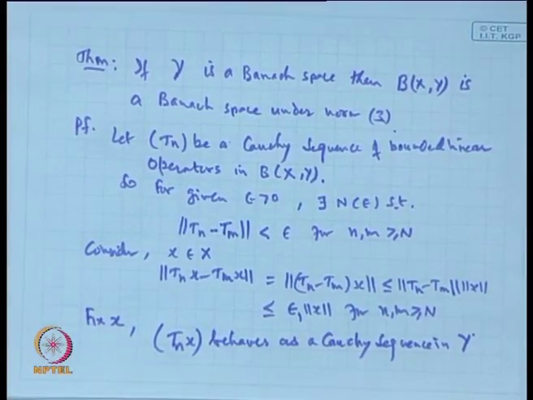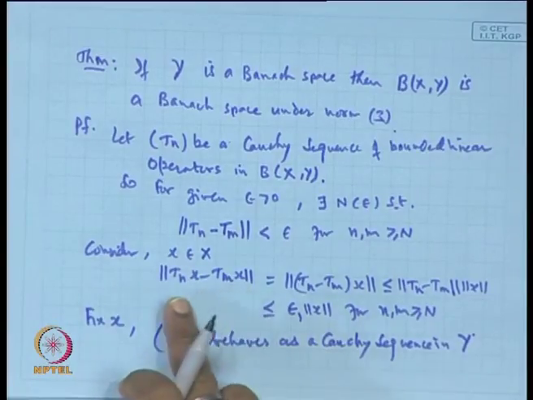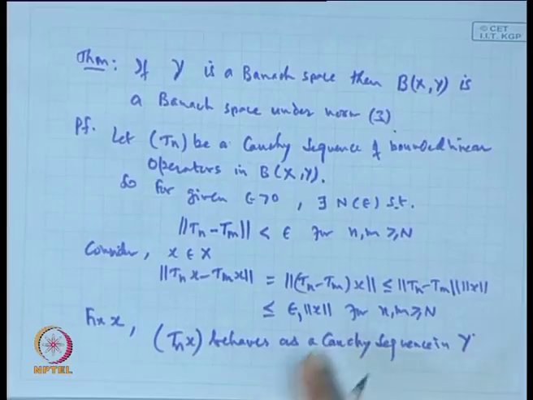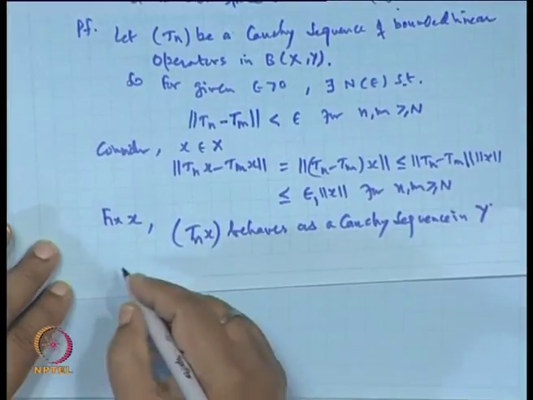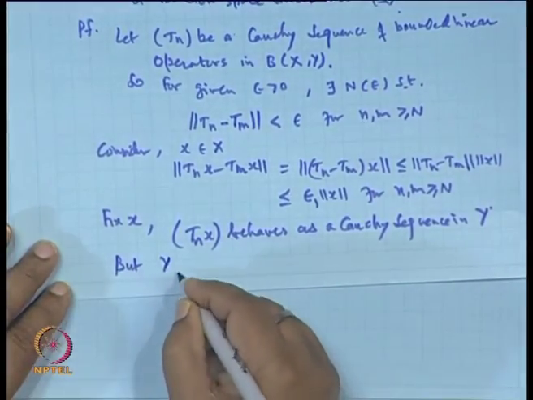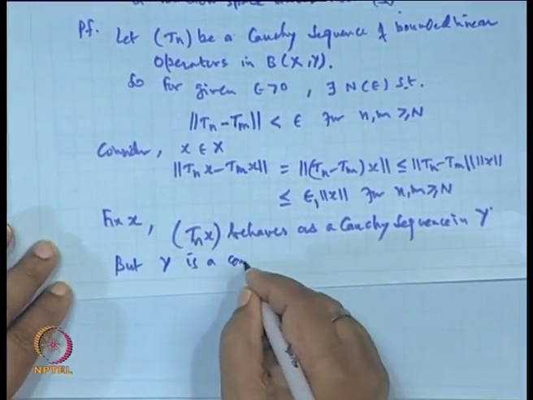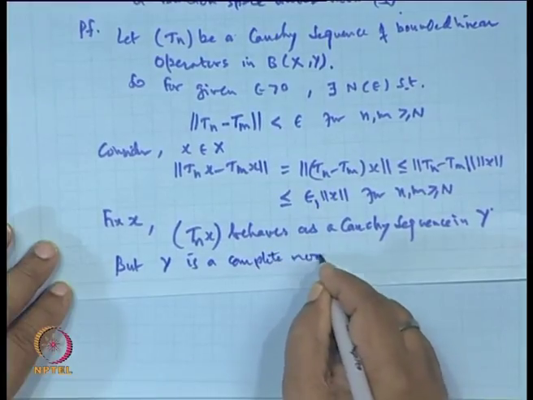Because T n x is the image of x under T n, it is a point of Y, and any arbitrary difference is less than epsilon. Therefore, for fixed x, it is a Cauchy sequence in Y, but Y is complete. Y is a complete normed space, because it is Banach.